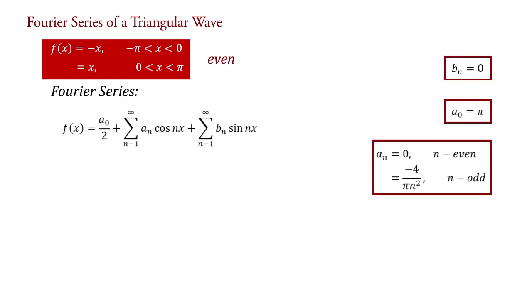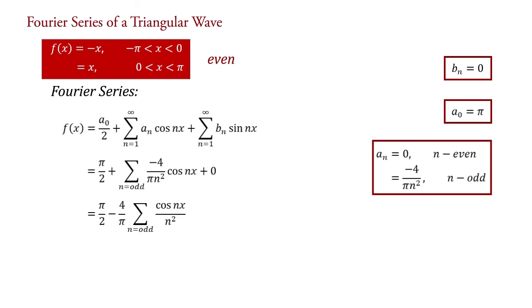Putting the values of the coefficients, we have f of x equals pi by 2 plus summation n equals odd minus 4 upon pi n square cos nx. We take minus 4 upon pi outside the summation. Therefore, here pi by 2 minus 4 upon pi summation n equals odd cos nx upon n square.